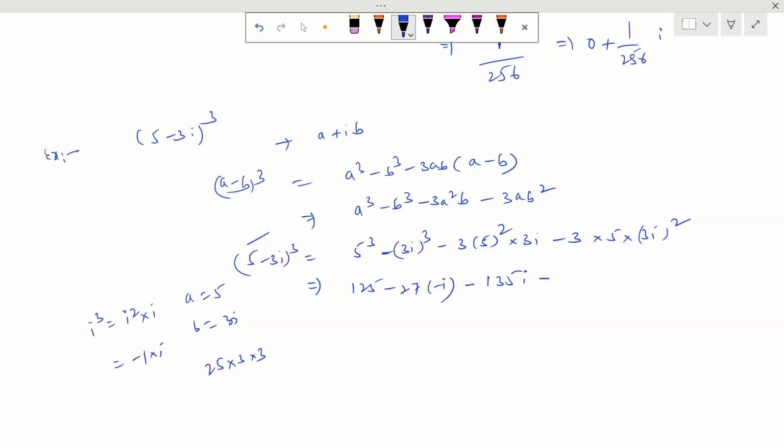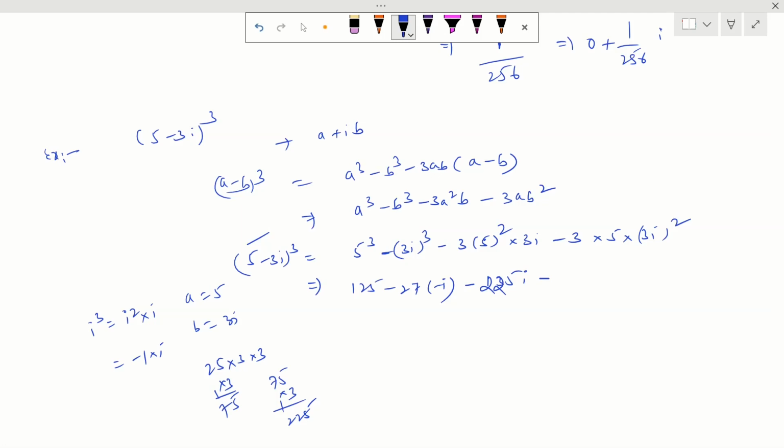So this is 25 into 3. 25 into 3 is 75, and 75 into 3 is 225. So it is 225i.